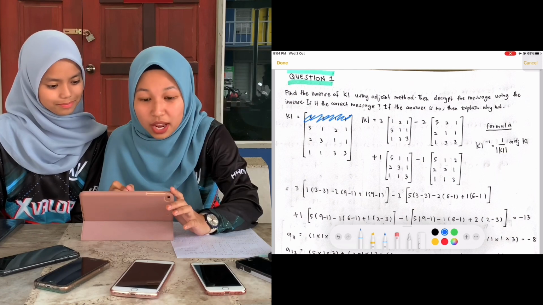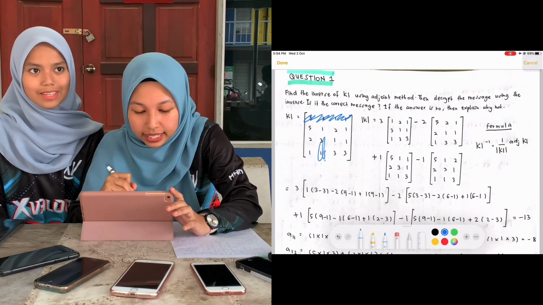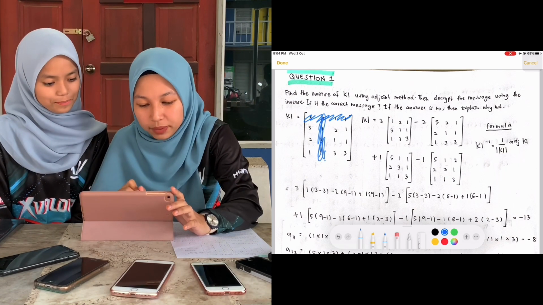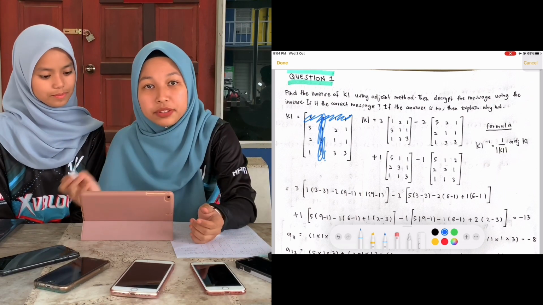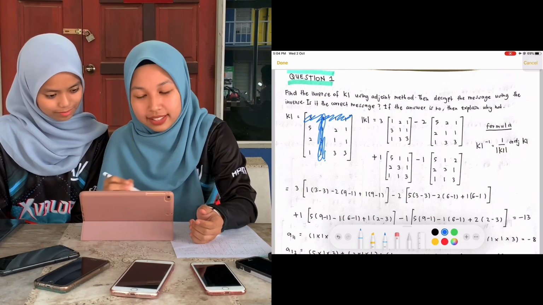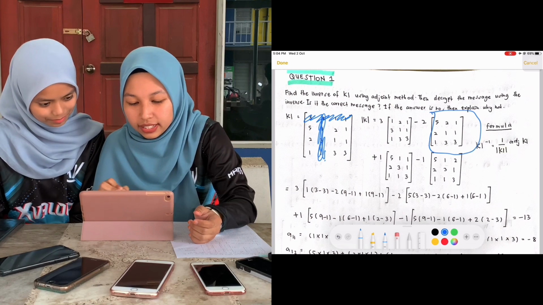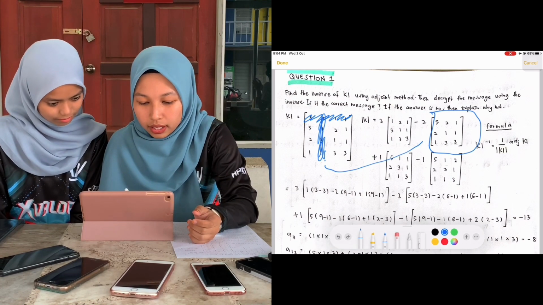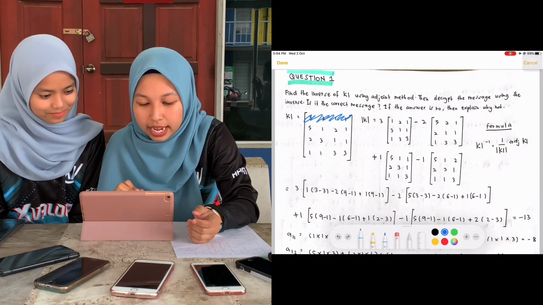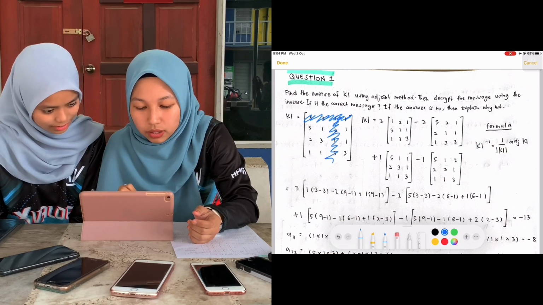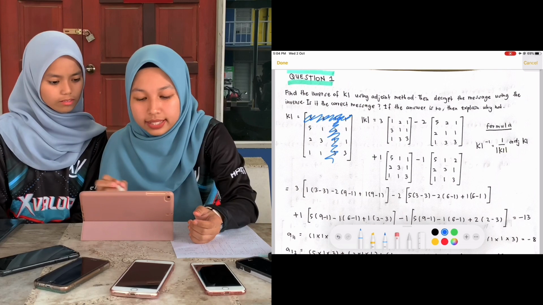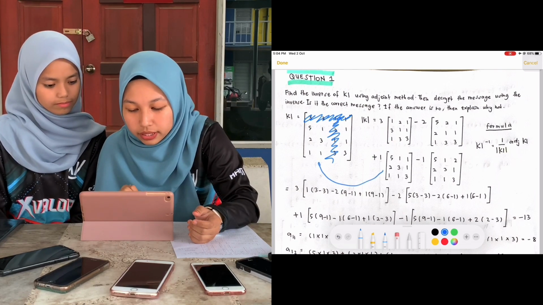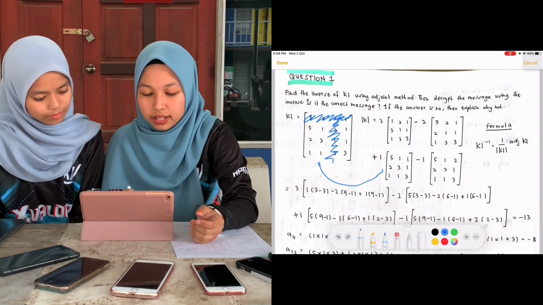After that, we cover the second column and we get the next 3 by 3 matrix, which is this. We arrange it to here. Then we cover the third column and we get the next 3 by 3 matrix like this.